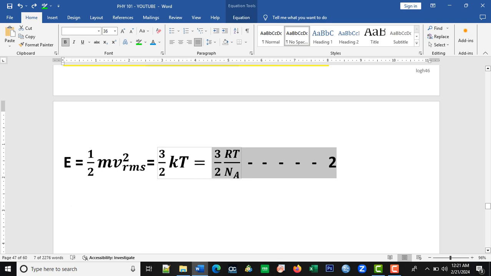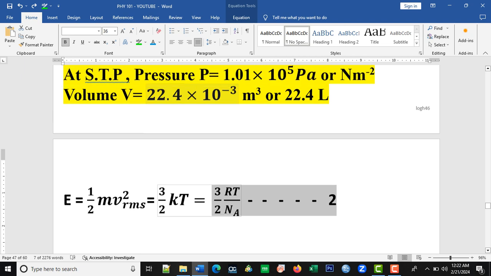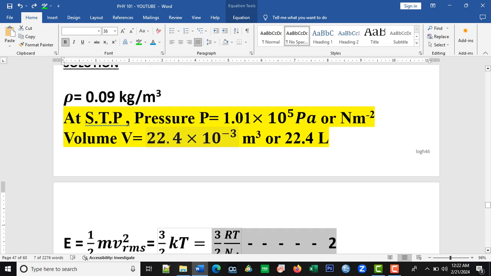We don't have density here. We don't have pressure. And we don't have volume. So we still have to think. We have to be creative to come up with a suitable expression. And we can't say that the expression that we have here is not proper or is not correct. So we have to still go back.